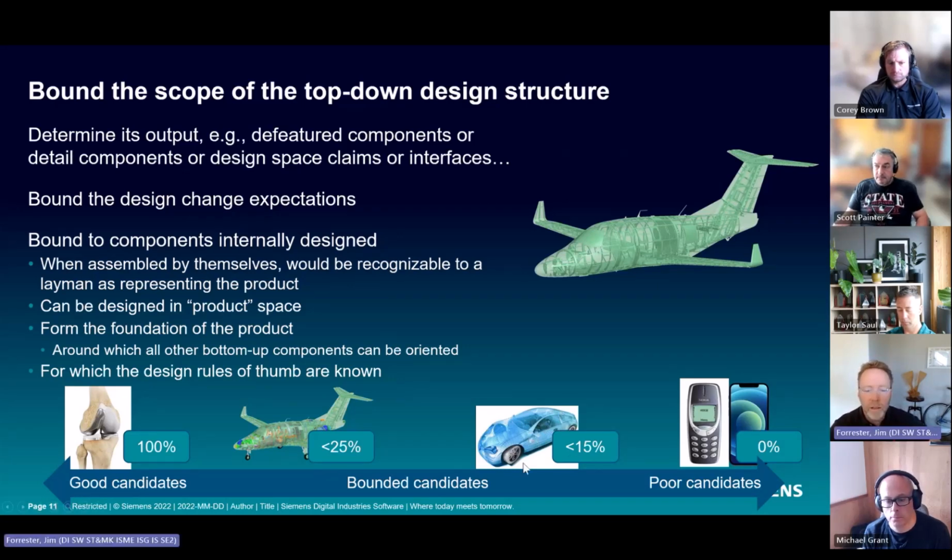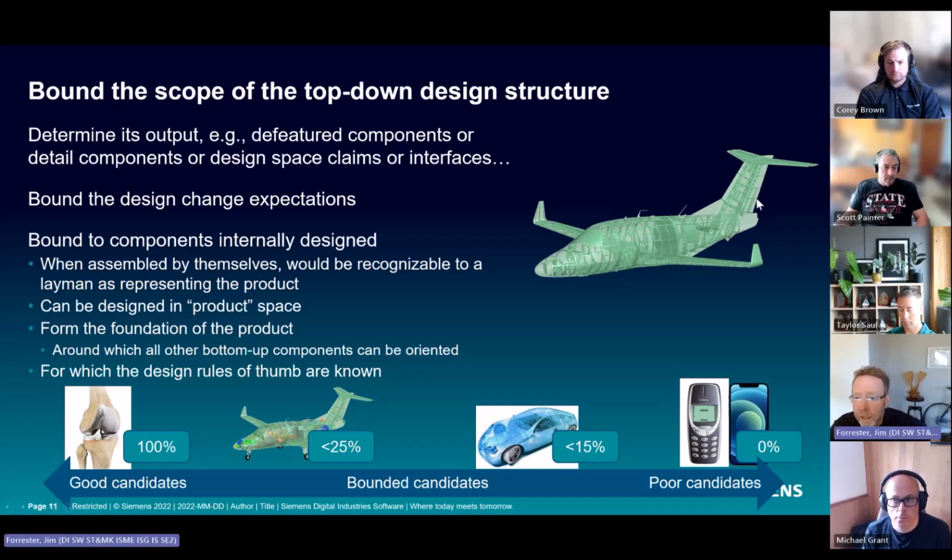Similarly with a car, you're probably using even less of it. More parts are being bought. And then with a phone, again, in this example, you probably wouldn't use it at all. That's from a percentage BOM point of view.